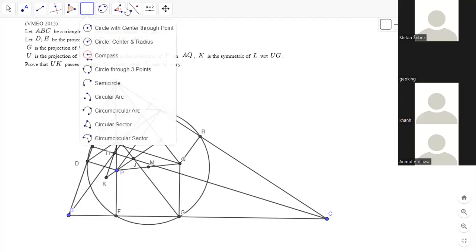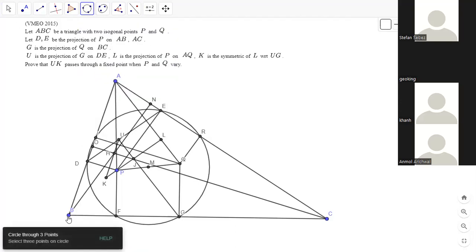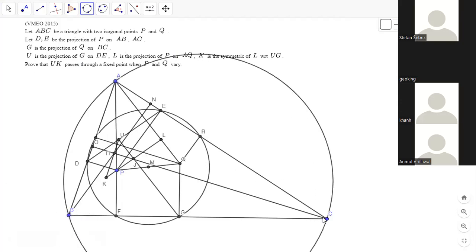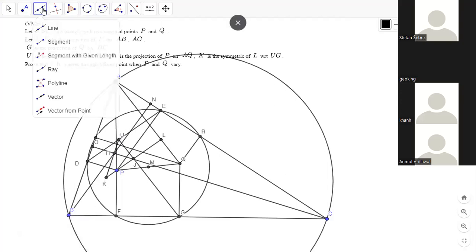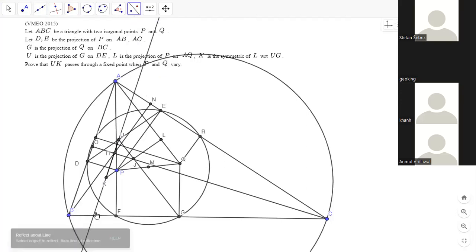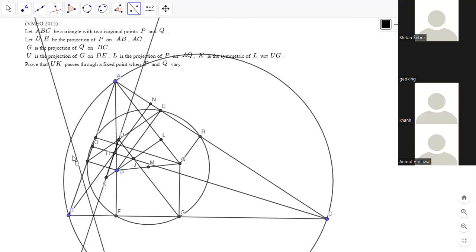Oh, interesting. Let's check that out. Yeah, let's see if we can find the anti-Steiner point. So basically we take that line and we reflect it over the three sides. So it would be this point right here.